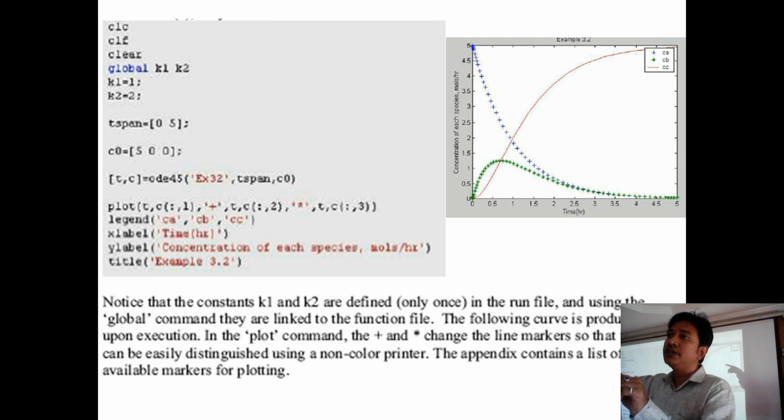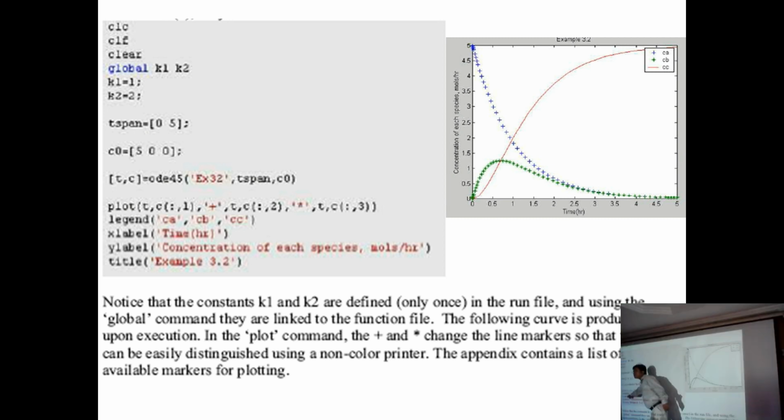So A, B, C, and I use a legend. I use different colors, plus, star.